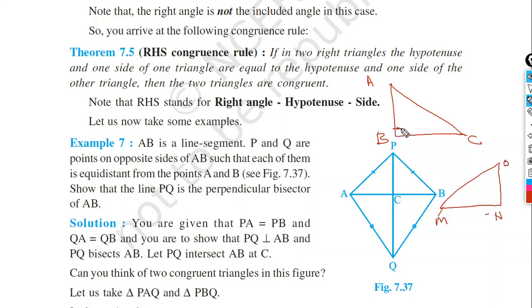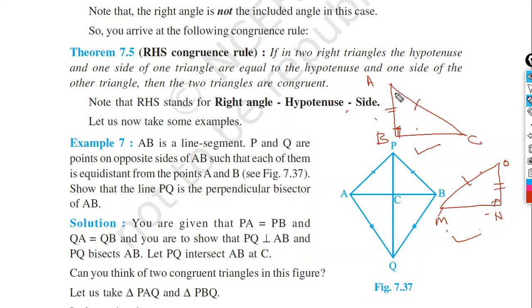Now if angle B equals angle N, and AB equals NO, and hypotenuse AC equals OM, then we can say these two triangles are congruent. The rule is right angle, hypotenuse, side.